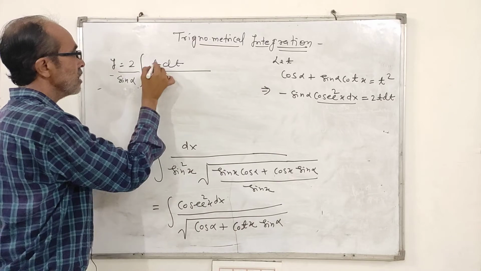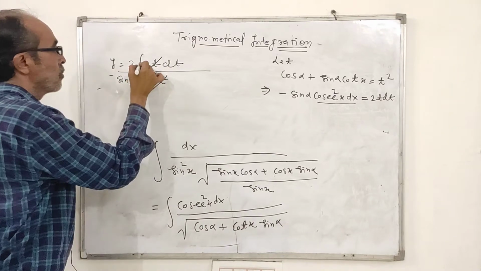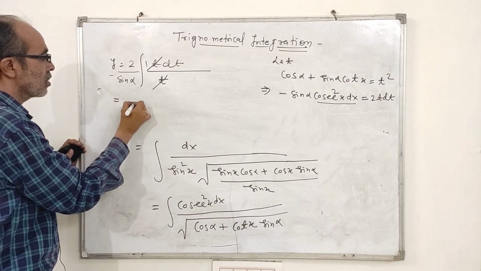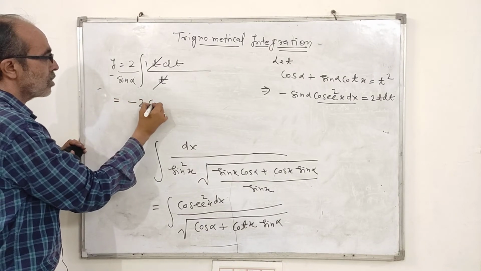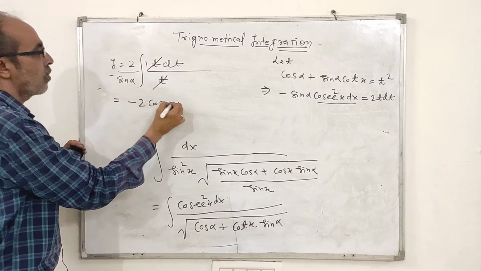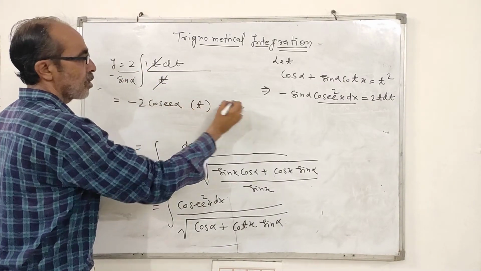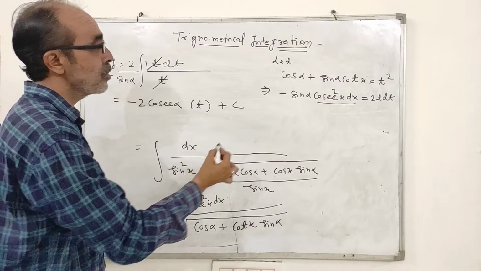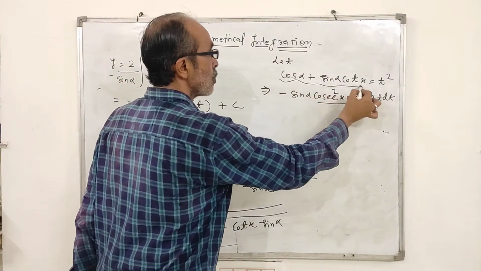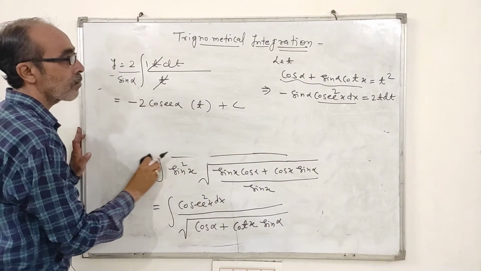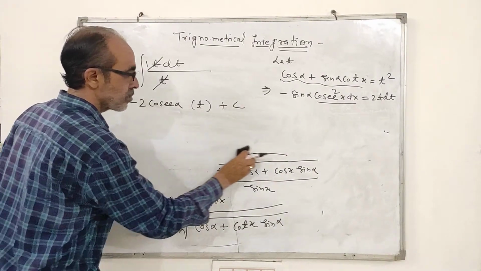Then write here t, and both are cancelled. Then we have the integral of 1 dt times minus 2 cosec alpha, and the integral of 1 is t plus the indefinite constant c, and at last we put the value of t as root of cos alpha plus sin alpha multiplied by cot x.